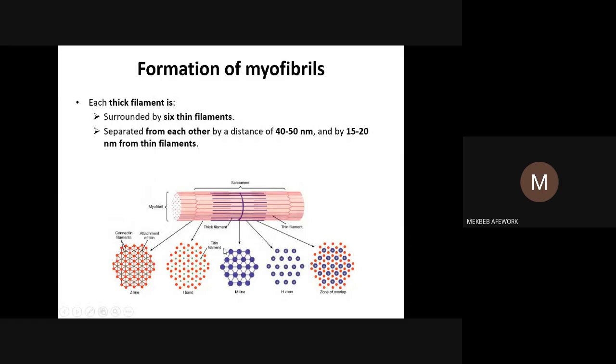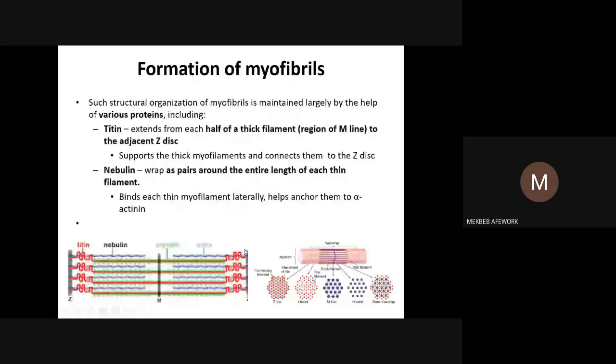And all this type of attachment is done because of interlinking by additional proteins. If you cut diagrammatically as represented here, you can see the cross-linkings of such fibrous elements. Such proteins include the following, the basic ones. We have one protein named titin. This is the red one, which looks like a spring. It extends from the middle of each thick filament.